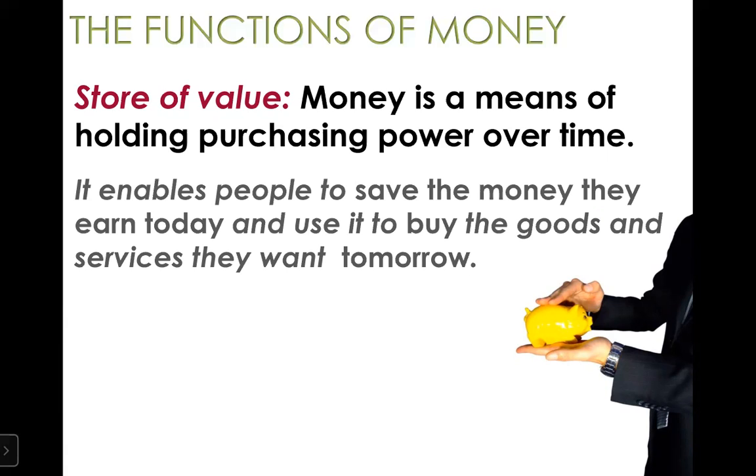But in general, money must function as a store of value so that we can hold purchasing power over time. This enables people to save the money they earn today so that they can use it to buy goods and services whenever they want, particularly in the future.